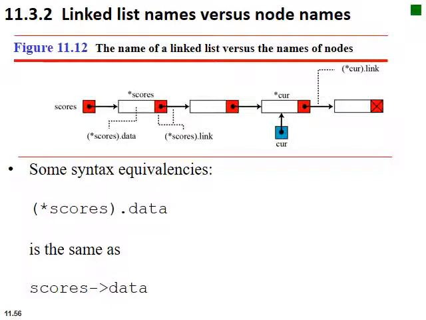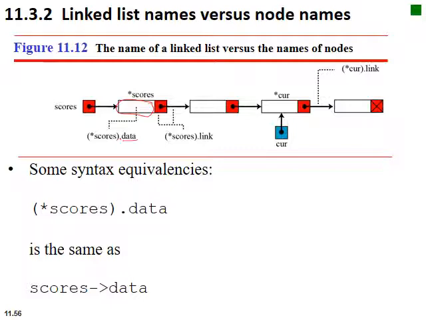And yeah, some syntax to look at. Again, when we talk about the data part or the data item of a certain node, we're going to use the .data operator.